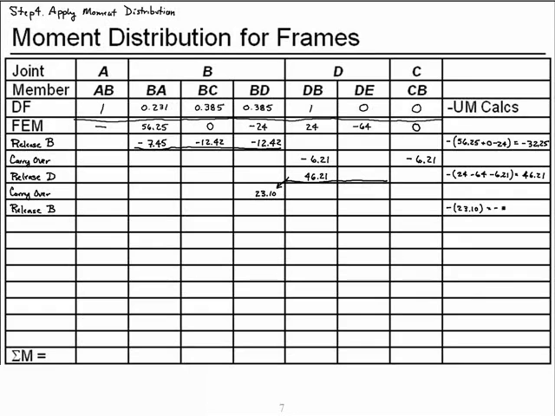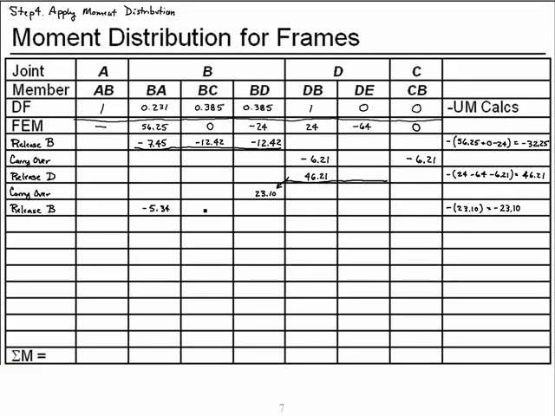When we reverse the sign, we get a negative 23.10 foot kips. We take that quantity times 0.231, and we distribute a minus 5.34 to member BA.